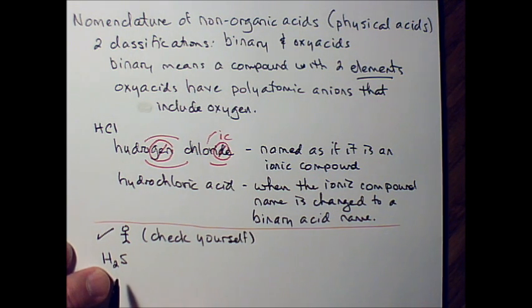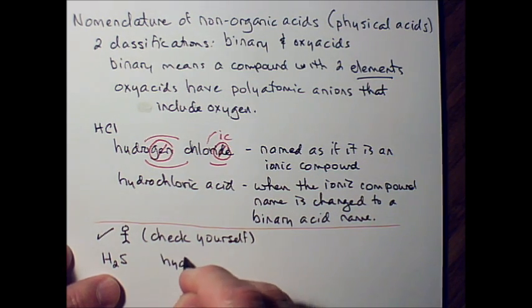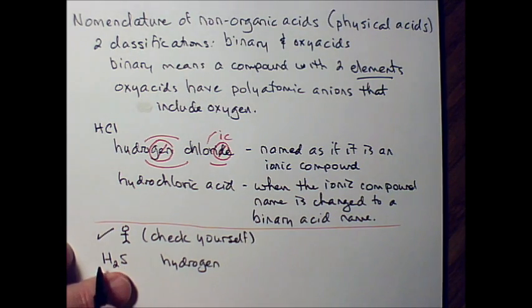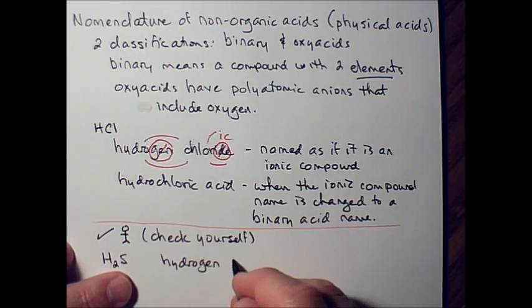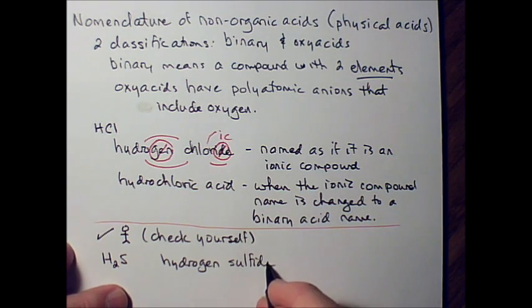The bi prefixes or di prefixes, those are used for covalent compounds. You don't use the prefixes for ionic compounds. You name the first thing the way it appears, and since hydrogen never has more than one positive oxidation number, we just simply call the first thing hydrogen. Sulfide. If this is positive, this has to be negative, so that must be sulfide.